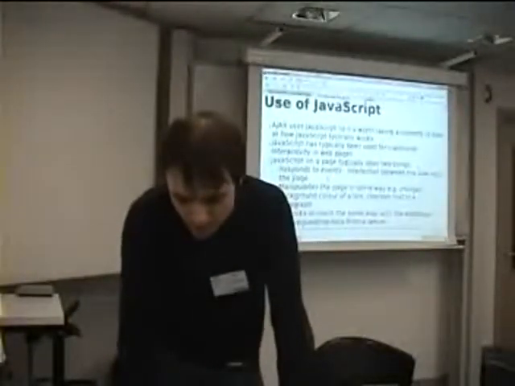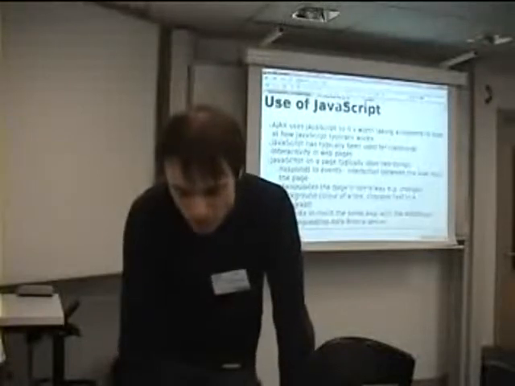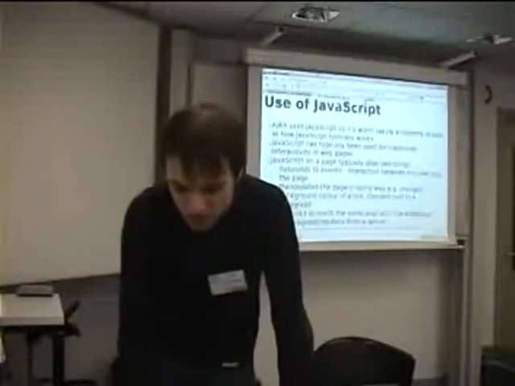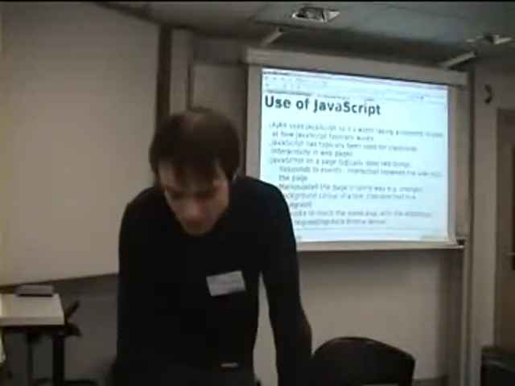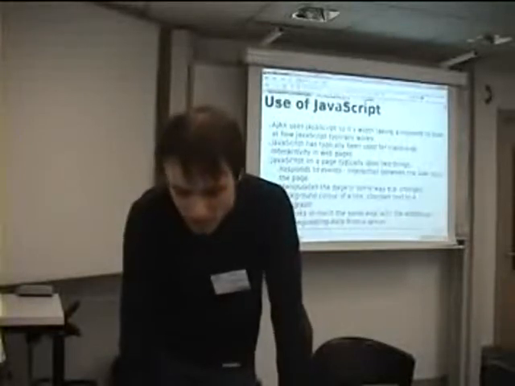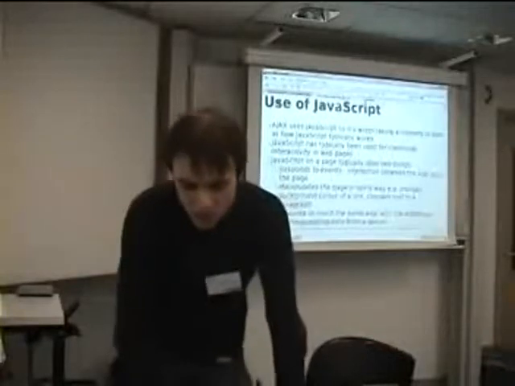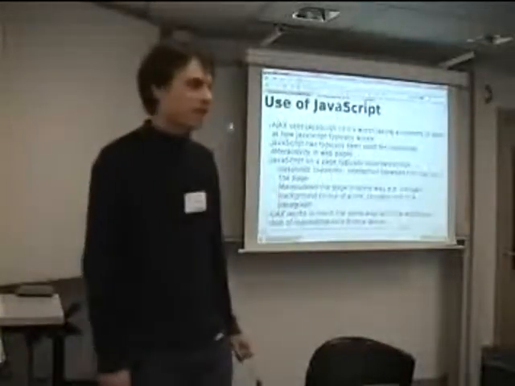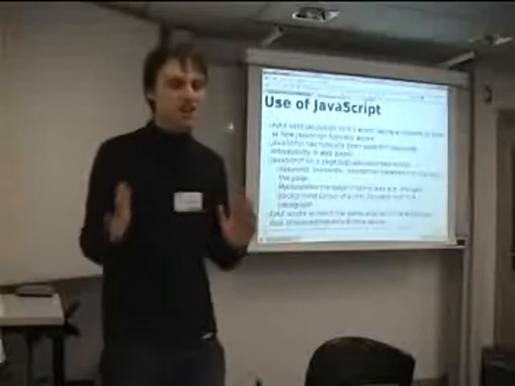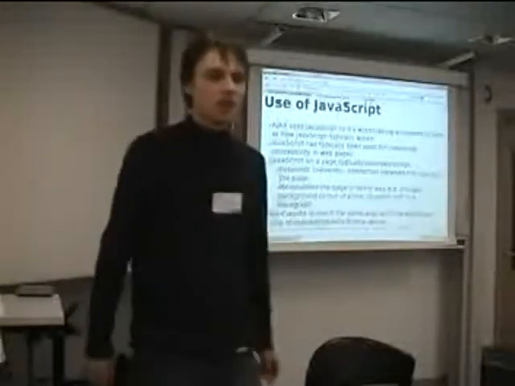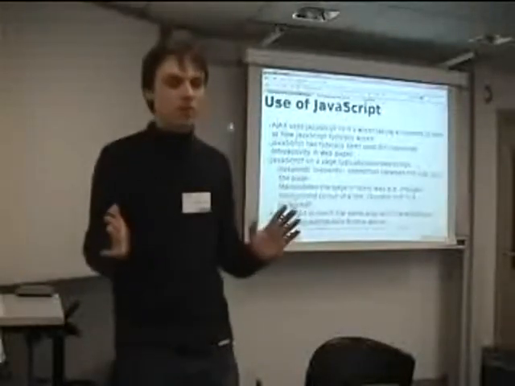Okay. Now, in terms of how JavaScript works in a general sense, the key things about JavaScript are events and manipulating the web page. So JavaScript on a web page typically does two things. It responds to an event. And an event is essentially the user interacting with the web page.